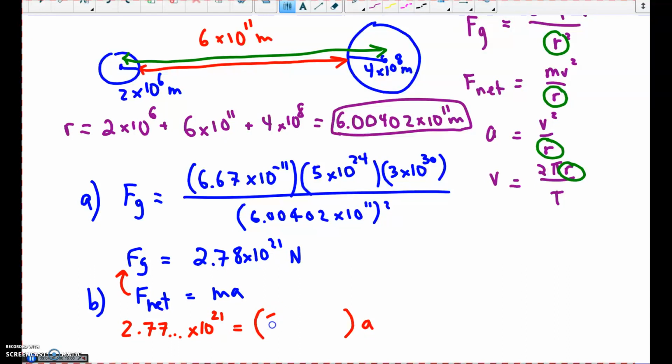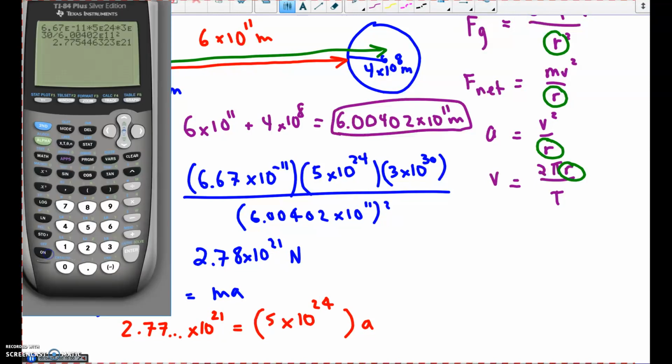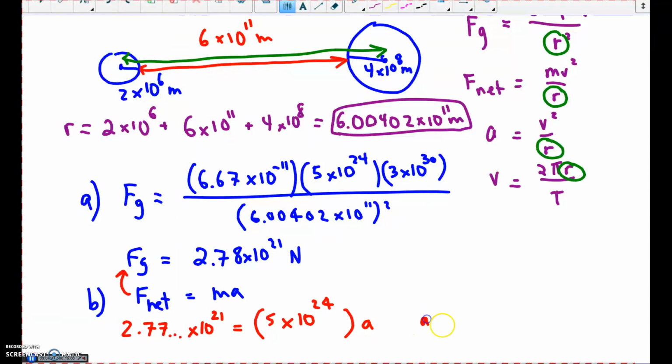That would be 5 times 10 to the 24. When I hit divide, it automatically divides the prior answer. So I'm dividing by 5e24. 5.55 times 10 to the minus 4 is my acceleration, in meters per second squared.